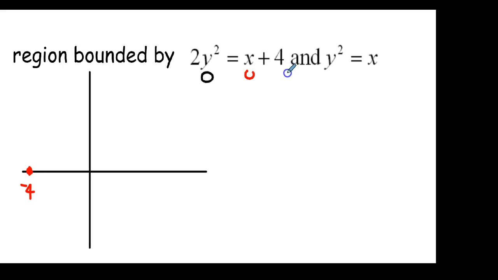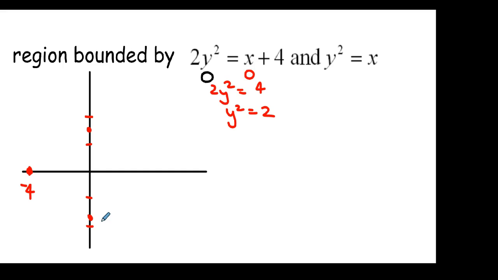If I put 0 in for x, 2y squared equals 4. Y squared equals 2. So I get y is plus or minus the square root of 2. Well, the square root of 2 is about 1.4, so it's going to cross there and there.